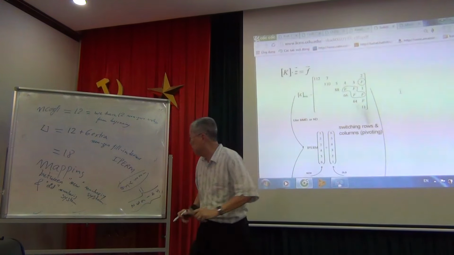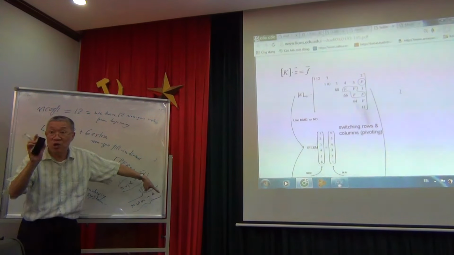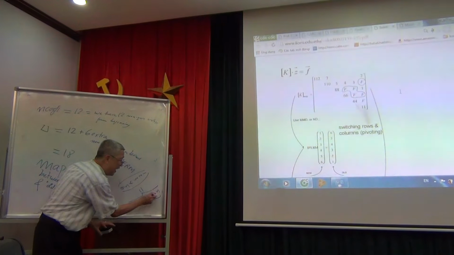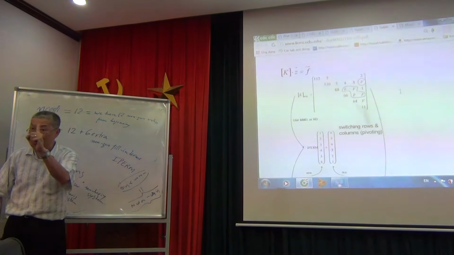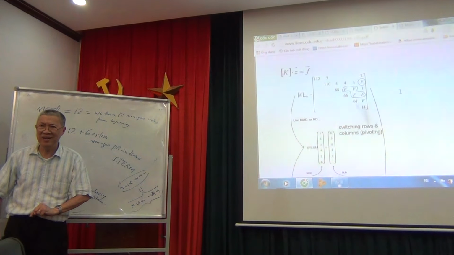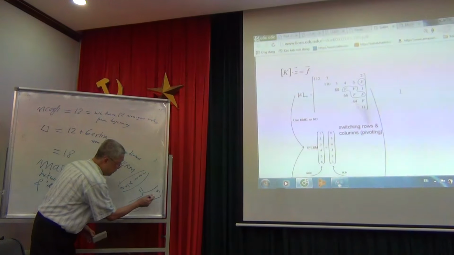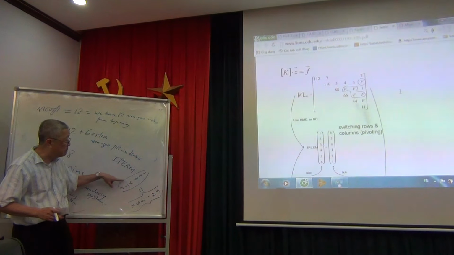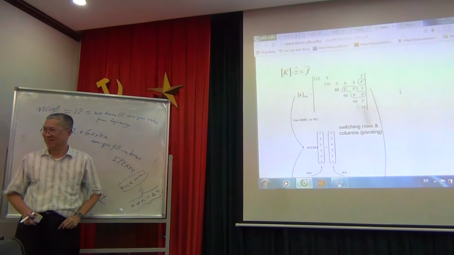But here's what's important. Each of these numbers cannot be repeated. You cannot have 5 and then 5 again. No. Each number must appear exactly one time. Do you understand? Every number in here must appear on the right hand side exactly one time.